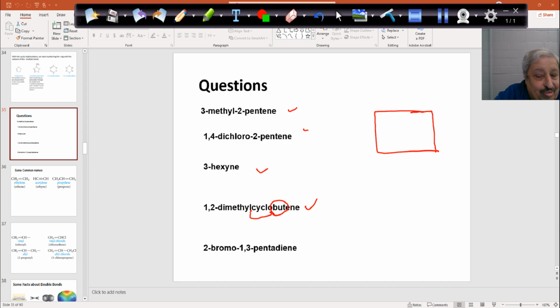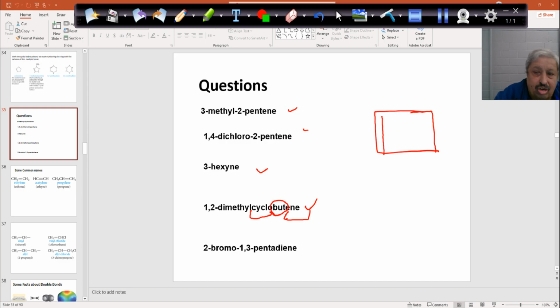Cyclobutene. You can pronounce cyclo, that's cyclic, but is 4, and then ene, you have a double bond here. Correct? So the double bond is not really numbered. Is it numbered? I can't see it. No, it's not numbered.